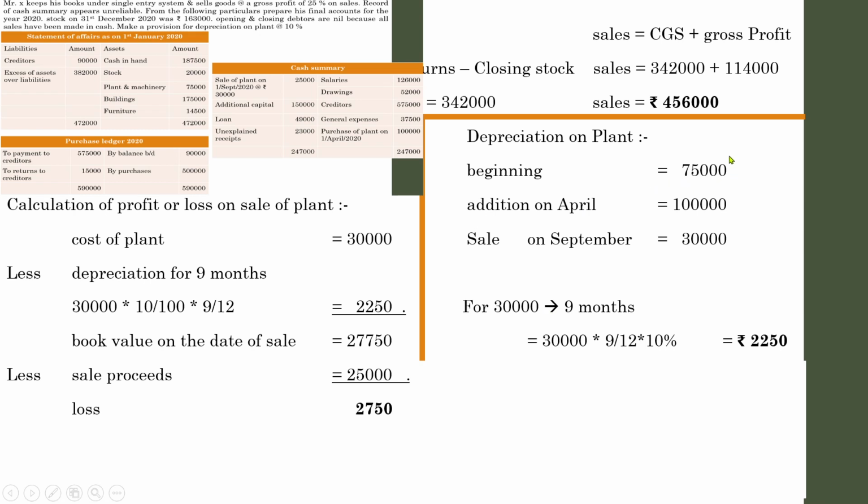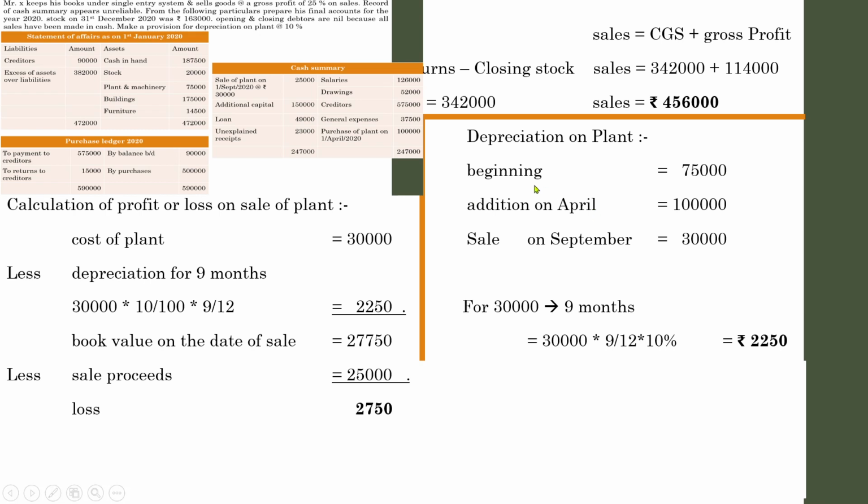Remember, in the beginning there was 75,000 rupees, and on September, out of 75,000, 30,000 was sold out. Don't worry about this addition. We will come to that part after discussing this one, because it doesn't affect the sale or computation of the actual value of assets that were held in the business during the period.